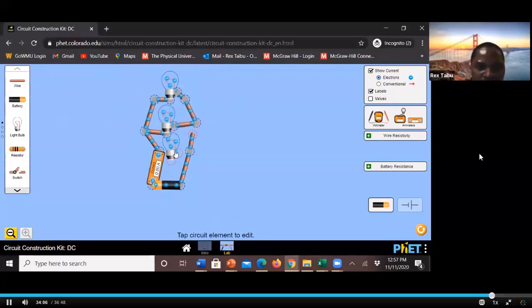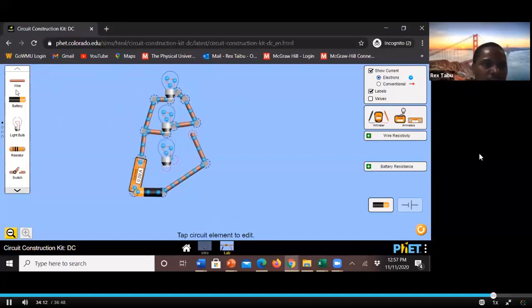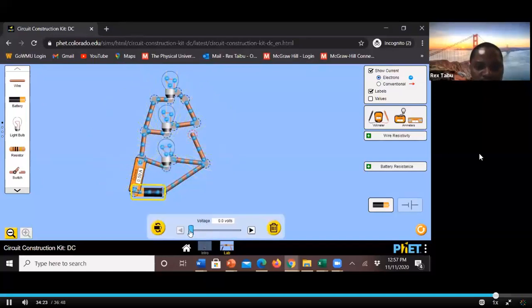And there's also a connection right here. Okay, wire. I'm making a parallel circuit, but then what I want is a lot of brightness. So let's use the voltage. Okay, they're bright. Looks like one of them is connected to this one. We need to fix this part.